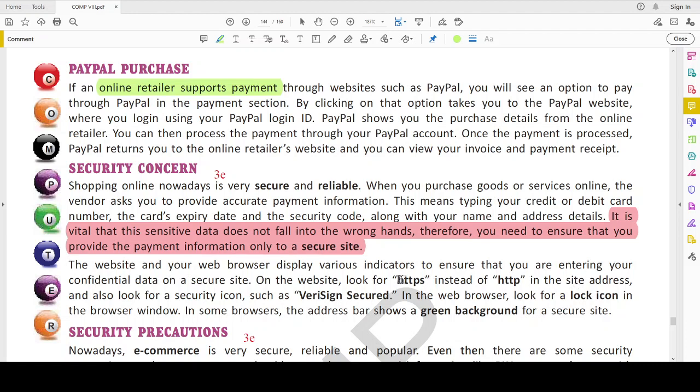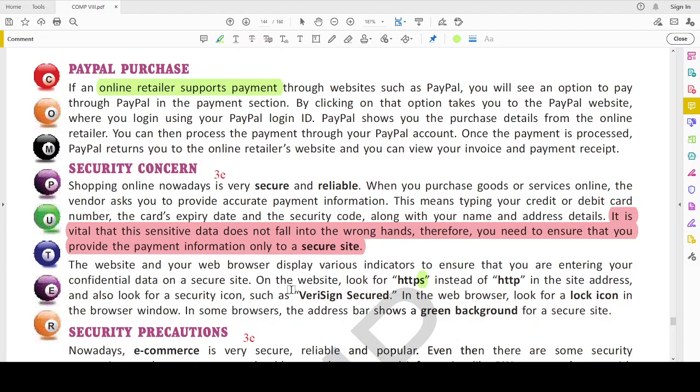That is Hypertext Transfer Protocol Secure. There should be an S in the HTTP. There should be a verified secure symbol or icon on the website. And the address bar should be shown in a green background. So these are the features of a secure website.